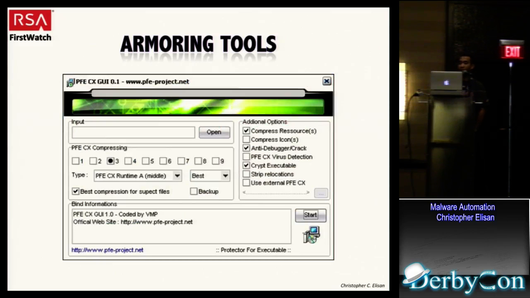Another form of armoring tool is also a packer, but this one has additional options. It has compressed resources, compressed icons, and crypt executables. The good thing about some of these tools, if you're a white hat, is that most of these options don't work. They're just tick boxes.